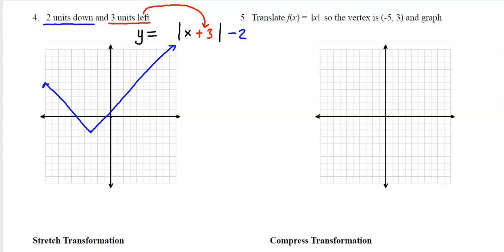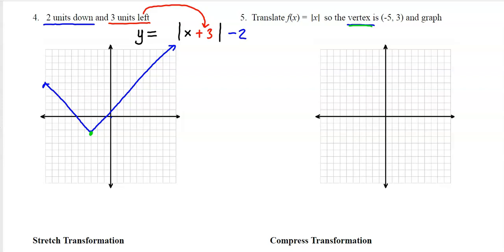Number 5, translate f of x equals absolute value of x so that the vertex is at negative 5, 3. All right, so they're just wording it a little bit different. So I want the vertex, which is right here. It's that V point. I want that to be at negative 5, 3.